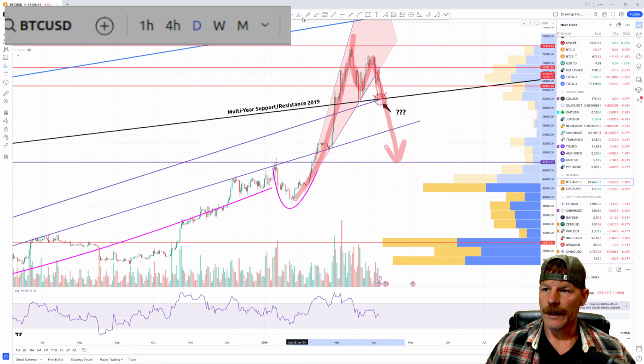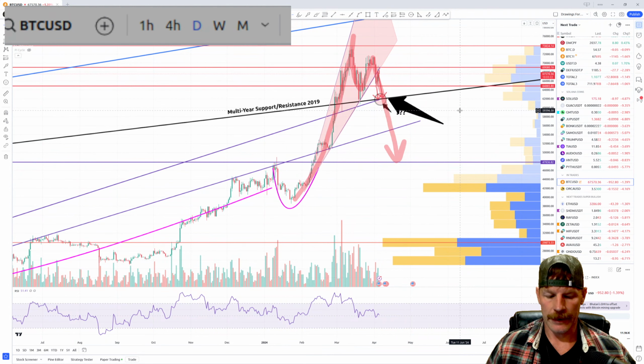You can see that I have this multi-year line of now support because we are above it, and that is massive. That's hugely significant, guys. I was really surprised actually to see us just break straight above that on our way up, and nevertheless that's what we did.